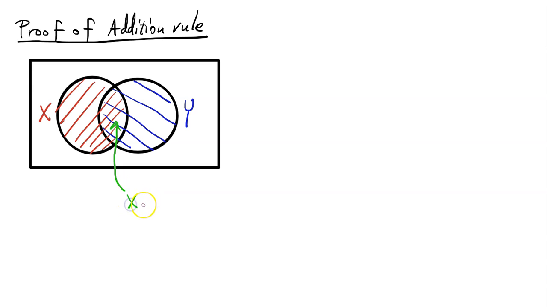So that's X and Y. And the union, of course, is the total colored area here. So if we end up anywhere here, then that's the union of X or Y. So the totality here, that's X union Y. Okay.